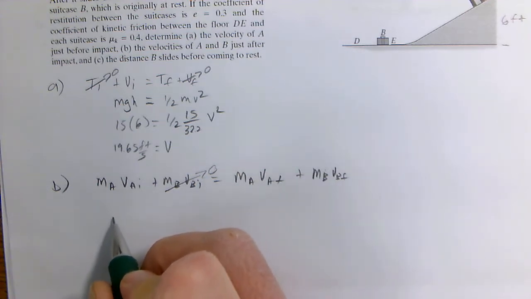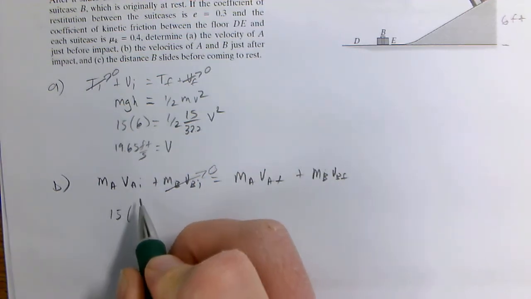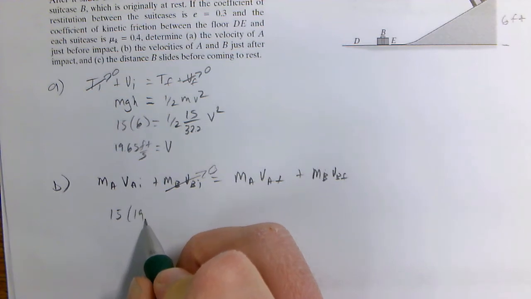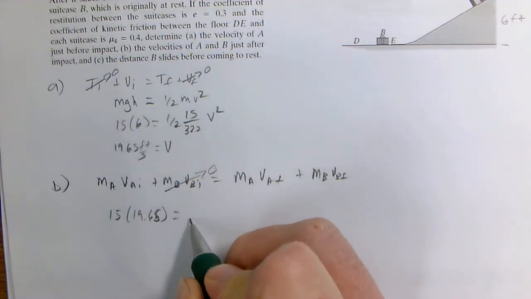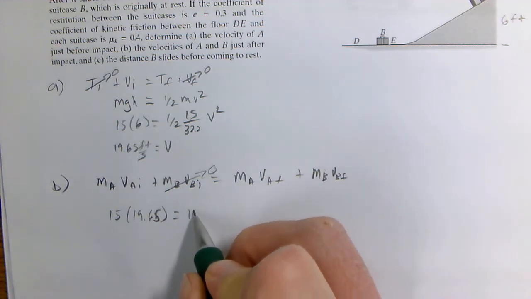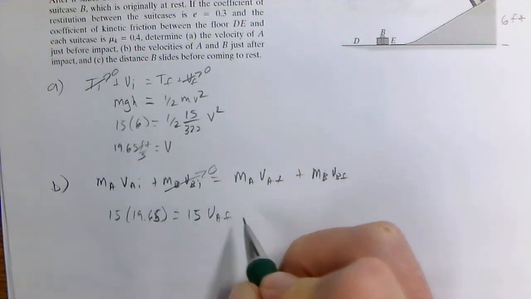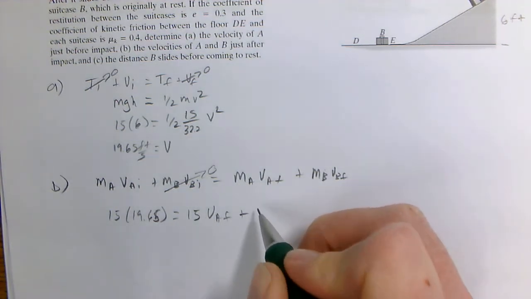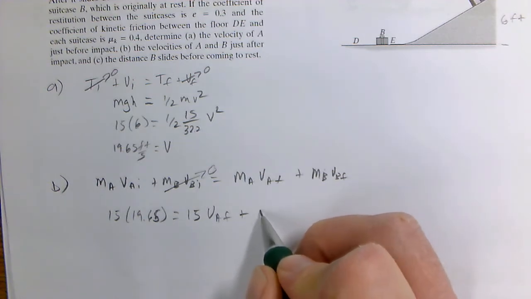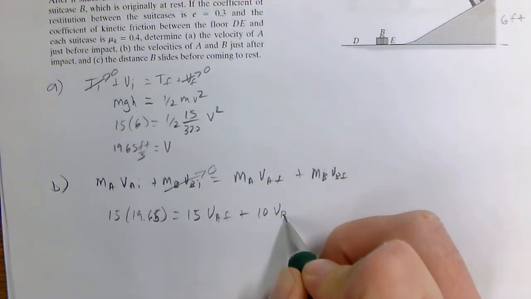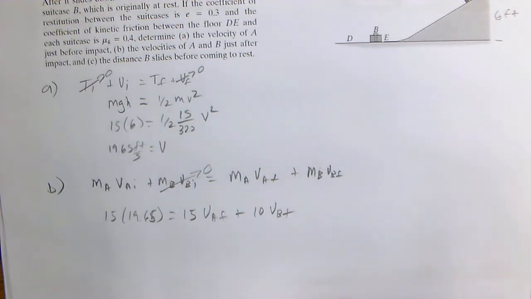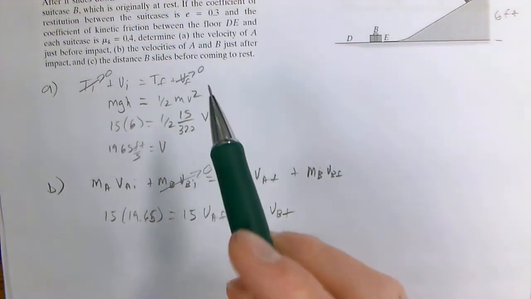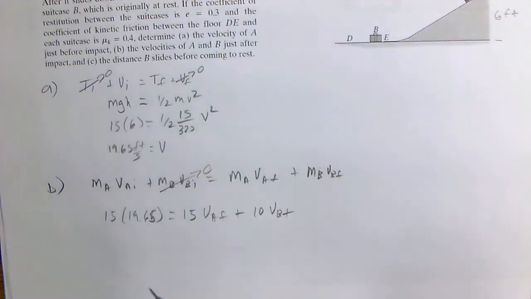So we have 15 times VA initial, 19.65, equals MA, which is 15 again, times VA final, plus 10 VB final. So we have two unknowns here, so we need our second equation, which uses the coefficient of restitution.